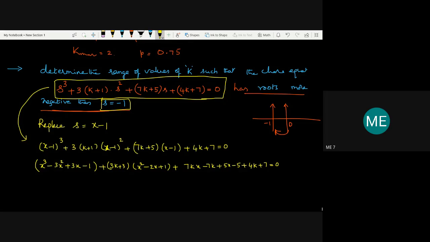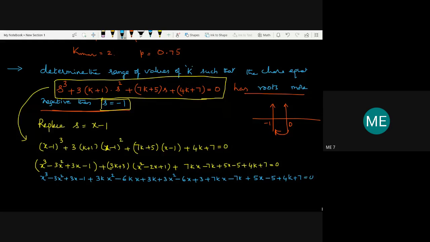Now expanding this whole term, I'll be getting x cube minus 3x square plus 3x minus 1, plus 3k into x square, minus 6kx, then plus 3k, then plus 3x square minus 6x plus 3, then plus 7kx minus 7k plus 5x minus 5 plus 4k plus 7.